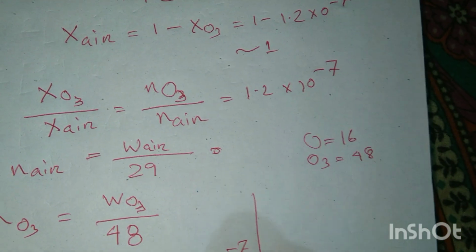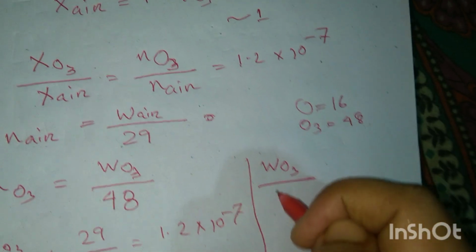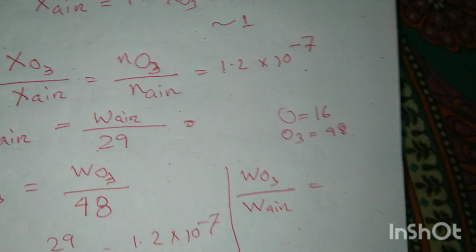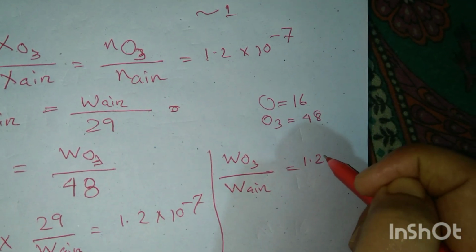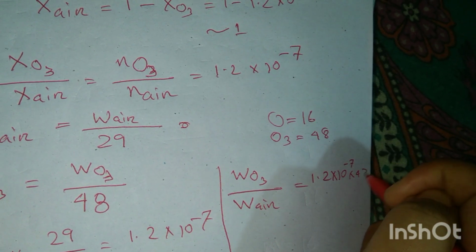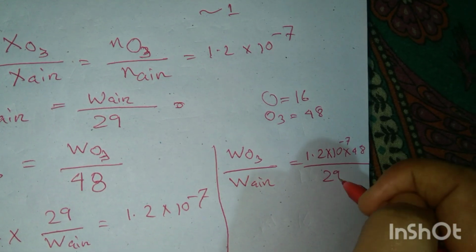Okay, so calculating this, WO3 divided by W of air is equal to 1.2 into 10 to the power minus 7 into 48 divided by 29.